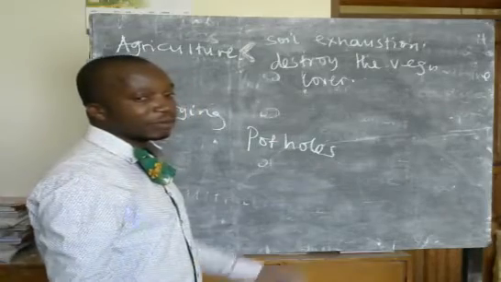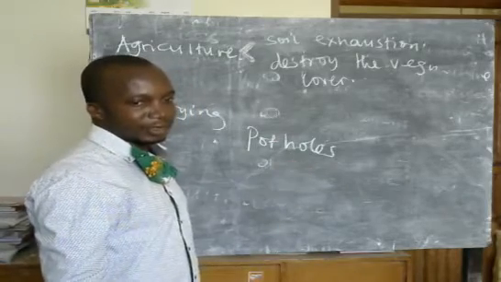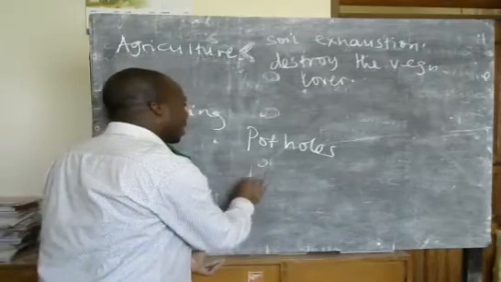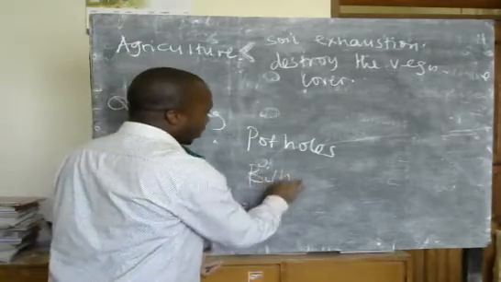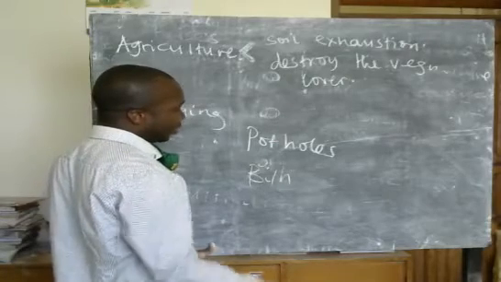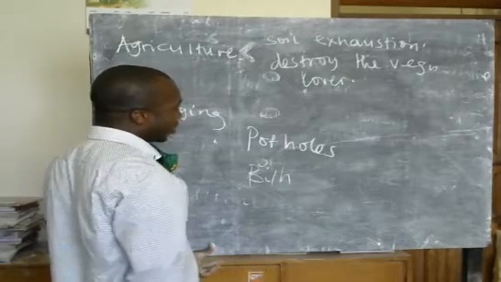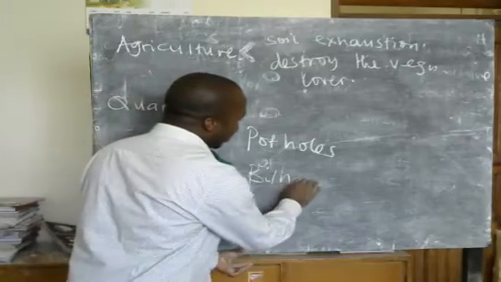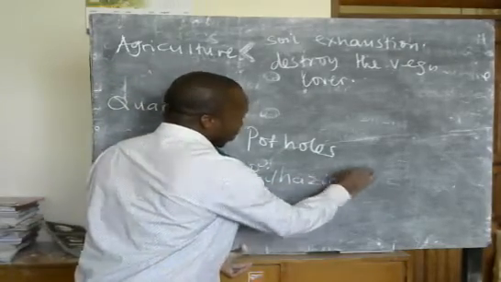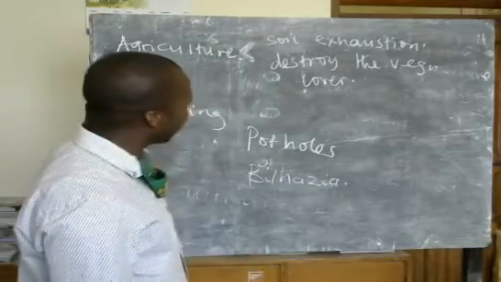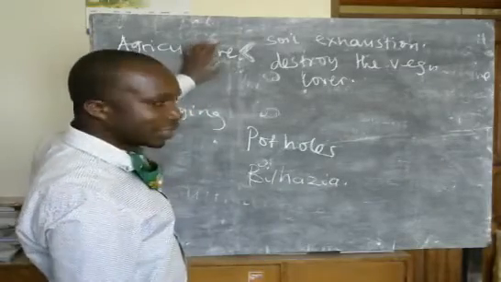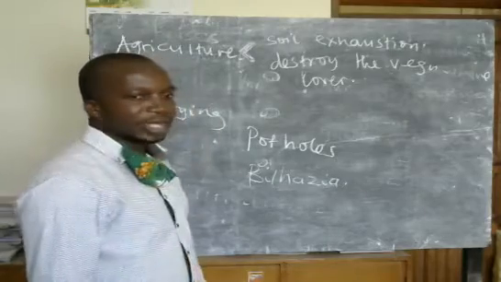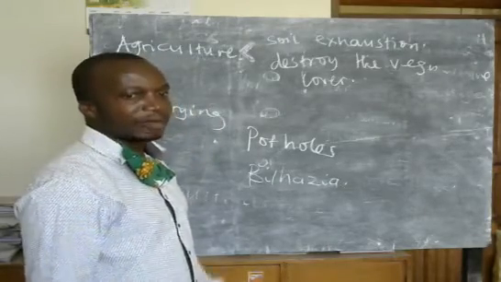Take an example of the mosquitoes and the snails. These transmit, for example, malaria. If they happen to be mosquitoes, they cause malaria, and if they happen to be snails, then they cause bilharzia.